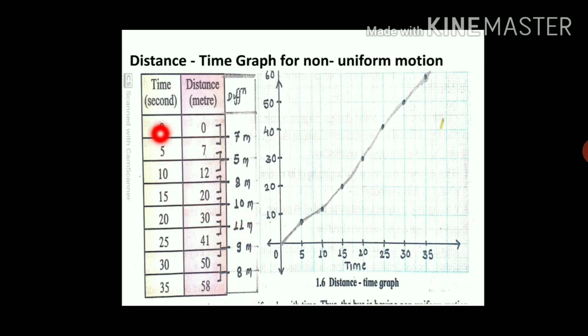If you plot the graph of time against distance, we obtain these points on the graph. If you join these points, the graph is not a straight line, and therefore the distance time graph for non-uniform motion is not a straight line graph.